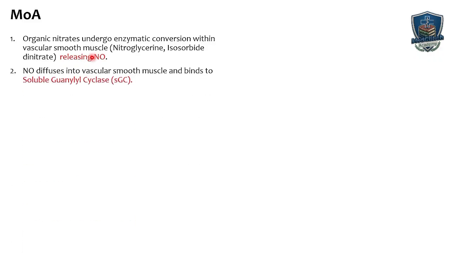Now, the nitric oxide will diffuse into the vascular smooth muscle and bind to the soluble guanylyl cyclase, the sGC. When that happens, there will be an activation of sGC, which will convert GTP, guanine triphosphate, to cyclic guanine monophosphate. So there's GTP to cGMP.